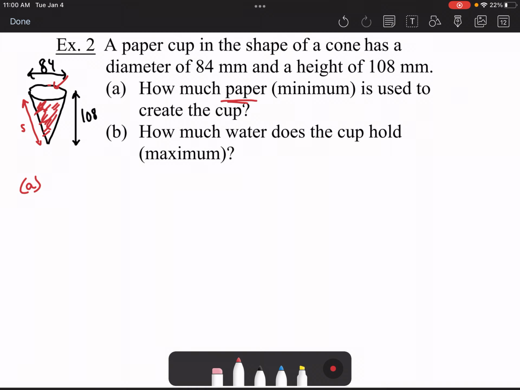To figure out the slant height, again, we can use Pythagorean theorem. We need the height, which is 108, and the radius length, not the diameter, which is 42. We're going to square that, and this value turns out to be 13,428.